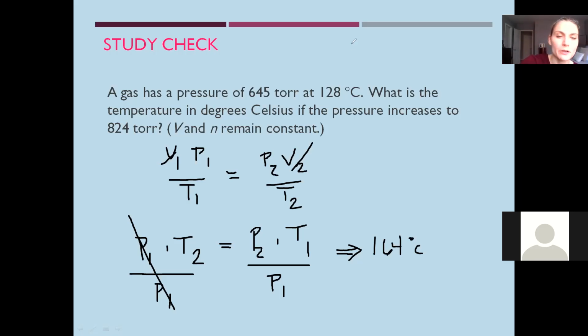To plug in these numbers, this would be P2, so that's 824 torr. This would be the 128 degrees Celsius, and this would be 645. It comes out to be like 163.5, and because it's three significant figures, we round it to 164.